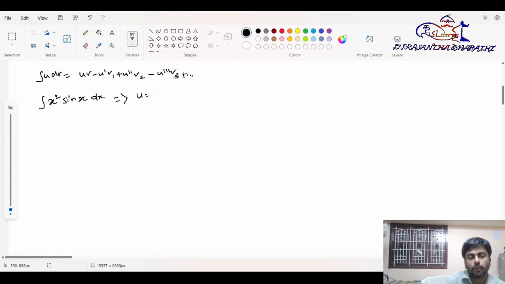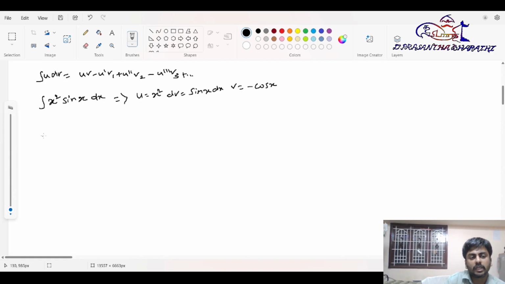So u equal to x square, dv equal to sine x dx, so you can say v equal to the integration of dv, which is v, so the integration of sin x is minus cos x.